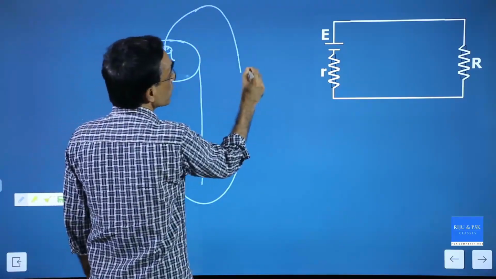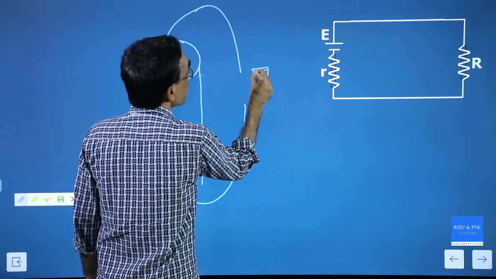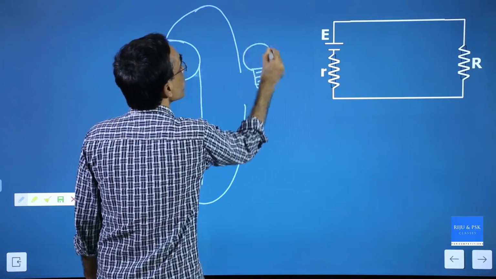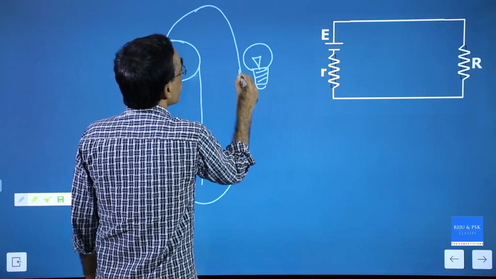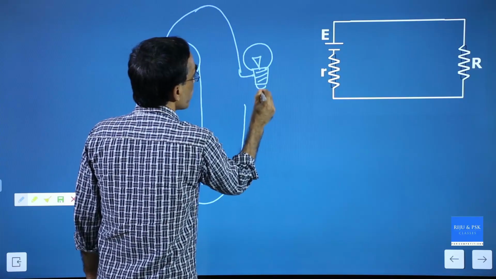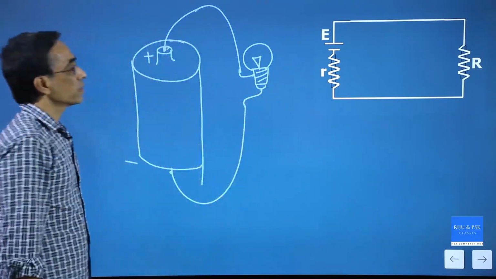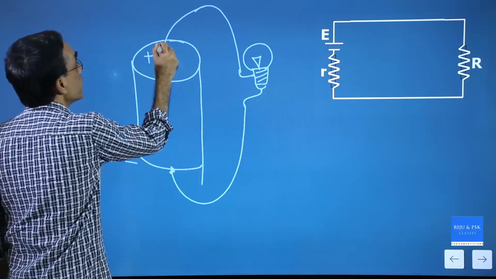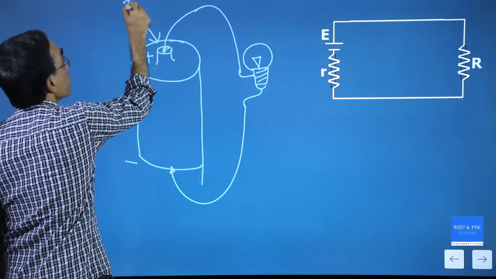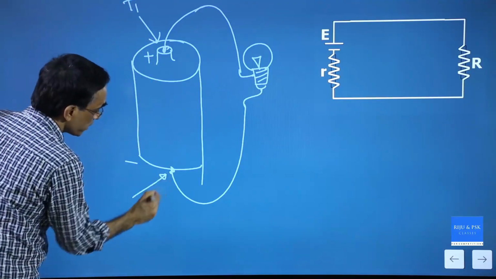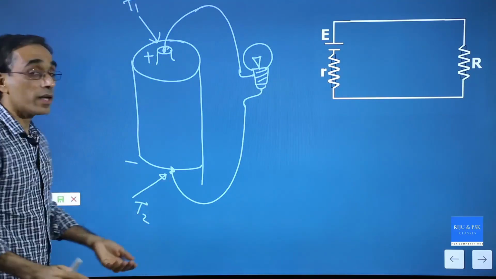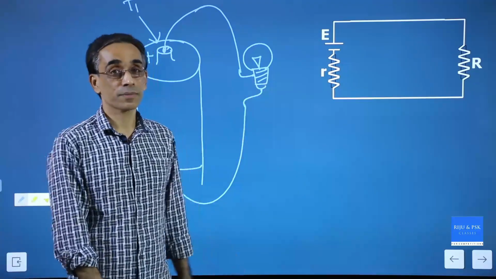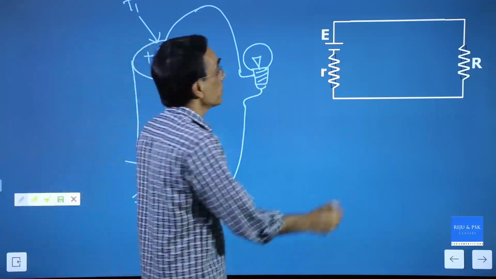Suppose that you want to connect this to a bulb. Let me draw a bulb. This is the bulb. And one wire goes here and one wire goes here. Now these wires are connected to the terminals here. So I can say this is one terminal, call it T1. This is the other terminal, call it T2. And where are T1 and T2 in my diagram? Important point.